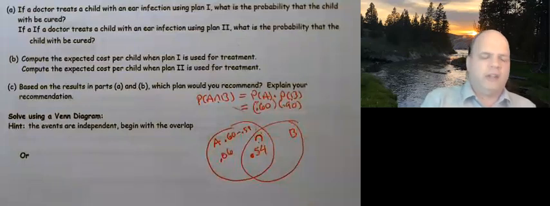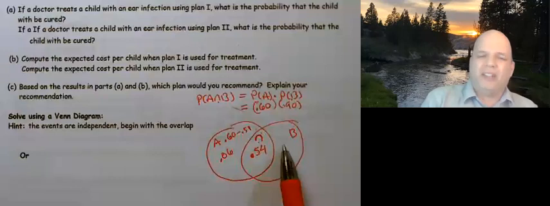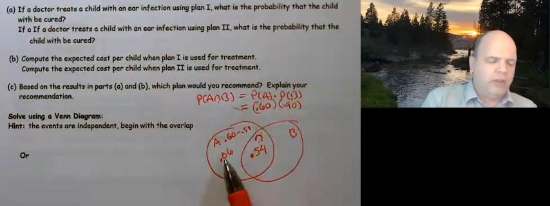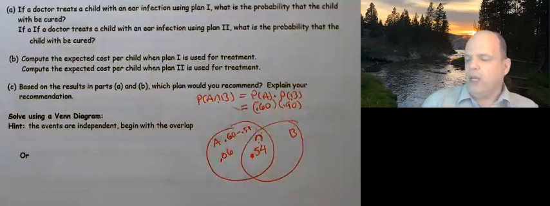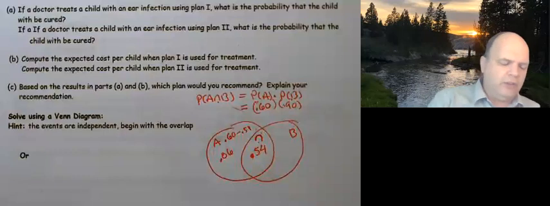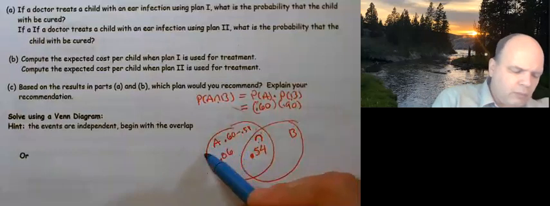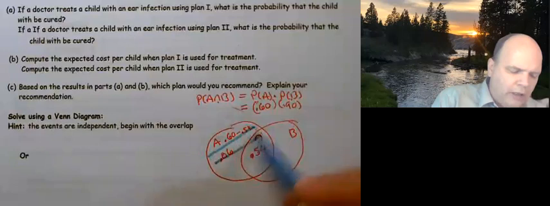So 6% of the time, drug A works when drug B doesn't. And 0.06 plus 0.54 gives me the 0.60. So I'm going to go ahead and highlight this section. I'm just going to use a blue highlighter.